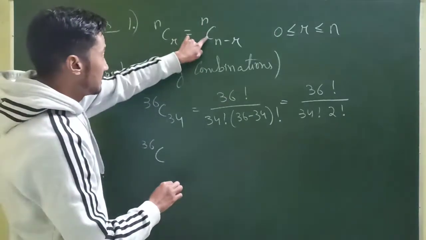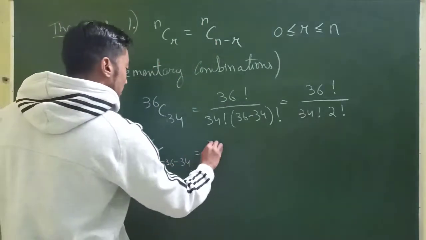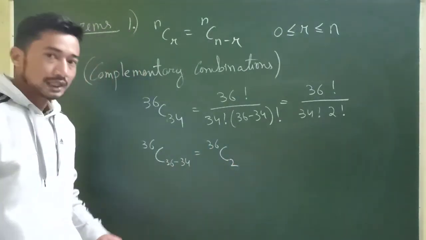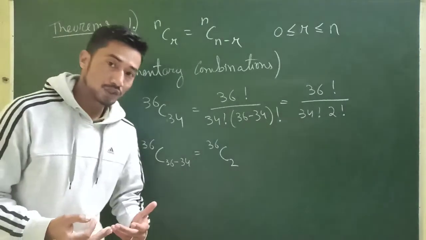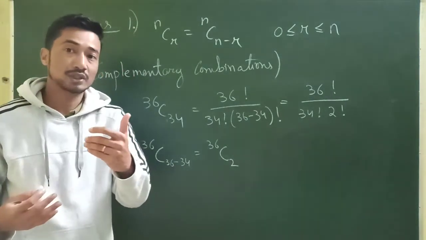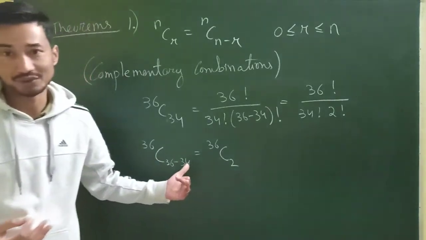Now if we apply this formula, that will be 36C(n minus r), so that is 36 minus 34, which is the same as 36C2. We may not find its use as of now, but when you start using that shortcut trick that I'll be giving you very soon, this becomes very useful.